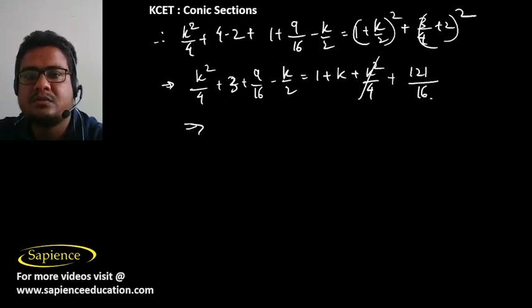So k square by 4 will get cancelled. This will be k plus k by 2, that is 3k by 2, equal to 3 plus 9 by 16 minus 1 minus 121 by 16.